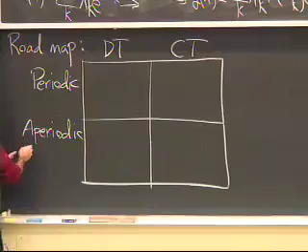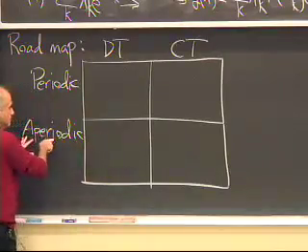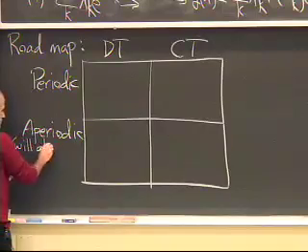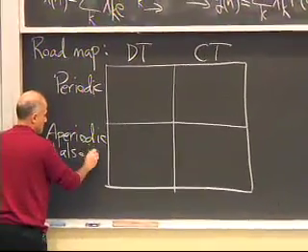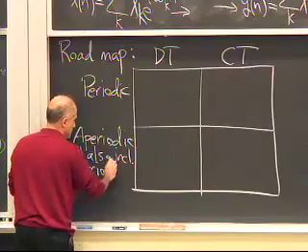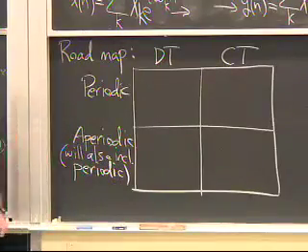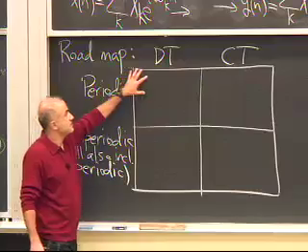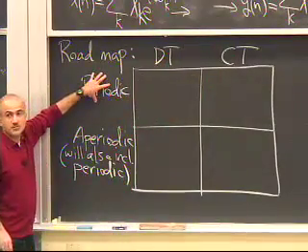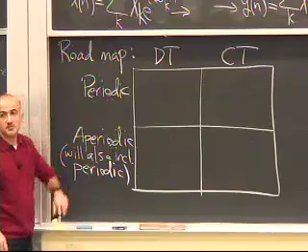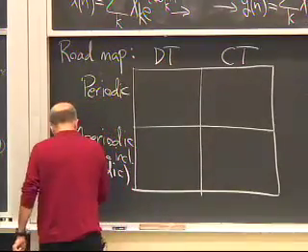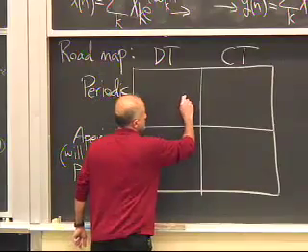It turns out that when we discuss this bottom row, our discussion will also include periodic signals, but that will be secondary in importance. So broadly speaking, we have discrete time signals, we have continuous time signals. In each of those categories, we have periodic and we have aperiodic.